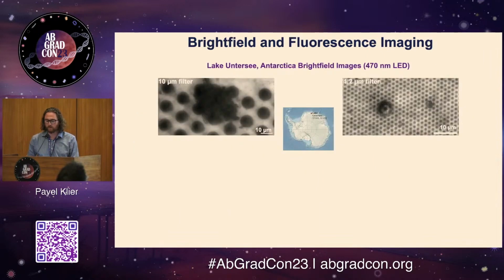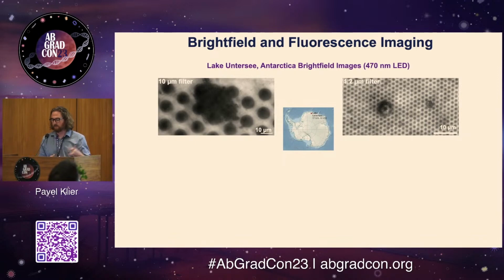Our ongoing work is characterizing this microscope by imaging different types of samples to see what the limits are of what we can detect. This sample shows some bright field images from a sample collected from Lake Untersee in Antarctica.